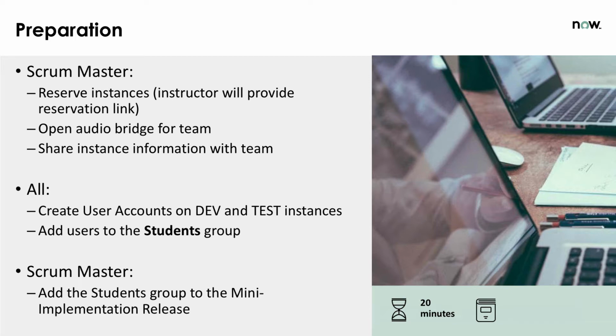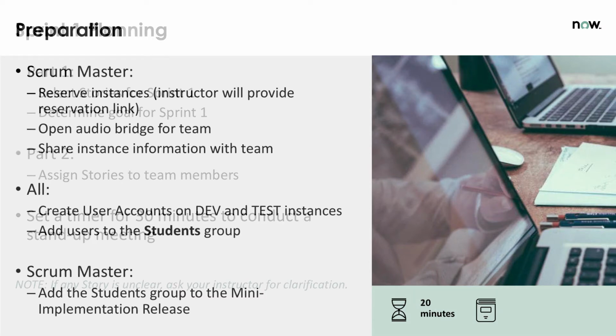I have seen one instance where the dev instance did not have stories loaded. I don't know what happened there with the configuration, but always spin up an extra instance or two just in case that happens. Have students check to see that they've got a backlog in there right after reserving the instance.